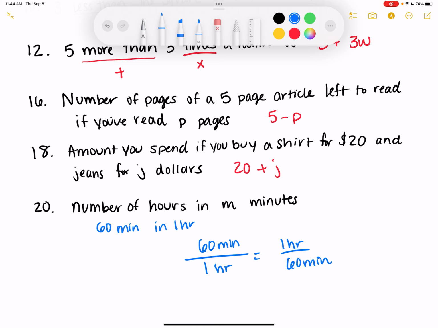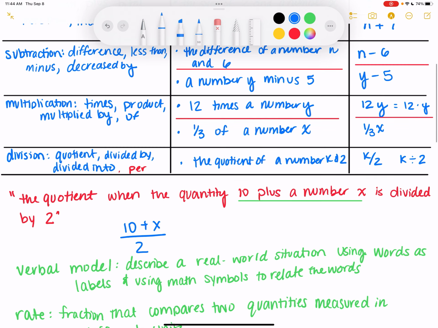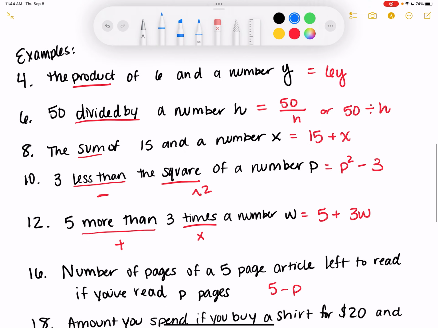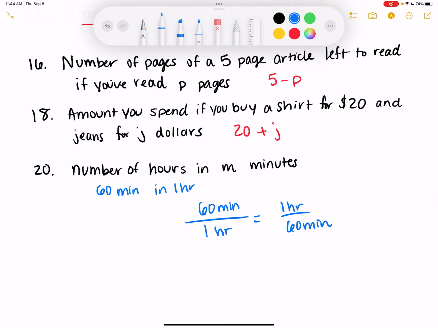Now, it's a little confusing because they want to know how many hours are in M minutes, and they told us that of was multiplication. However, the book, I actually realized, has a typo. Trying to get my thoughts together here.